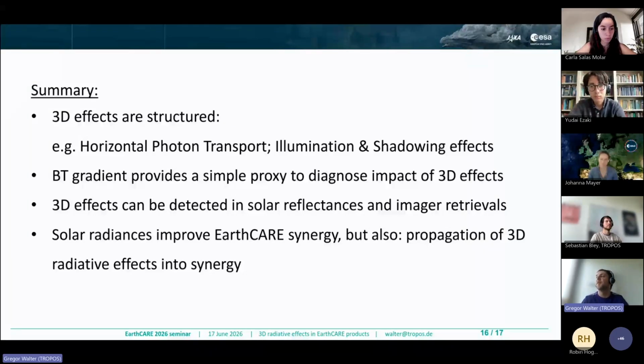So it's always a combination of all 3D radiative transfer effects. And the impact can then be seen also in the solar reflectances and the imager retrievals, and the radiances are used to improve the synergy, which they do. But for some cases we can also see the propagation of the radiative effects into the synergy product.